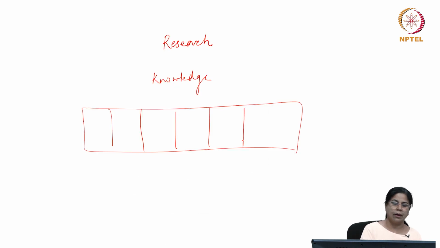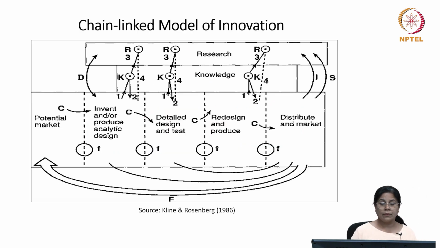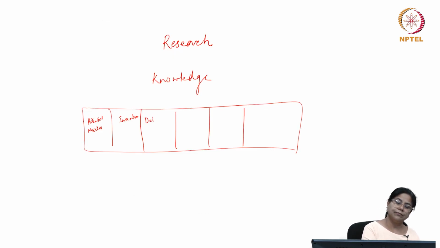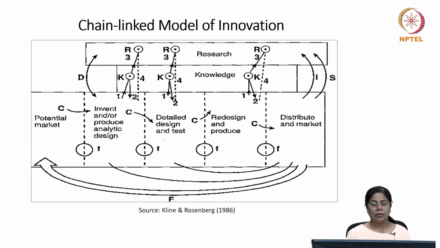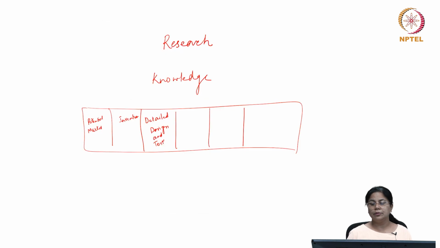Starting with the potential market, then the invention that happens, then you have a detailed design and test, then redesign and produce, and distribute.